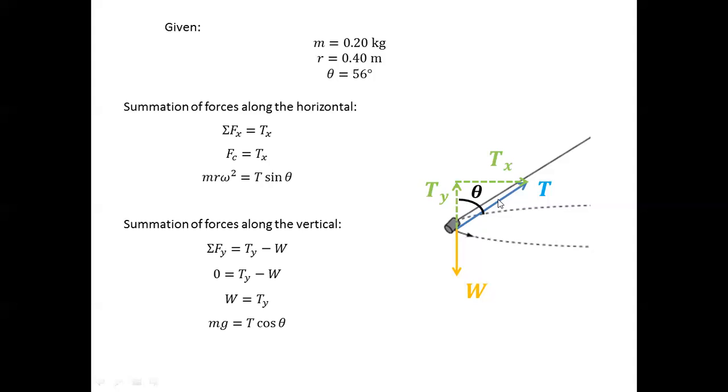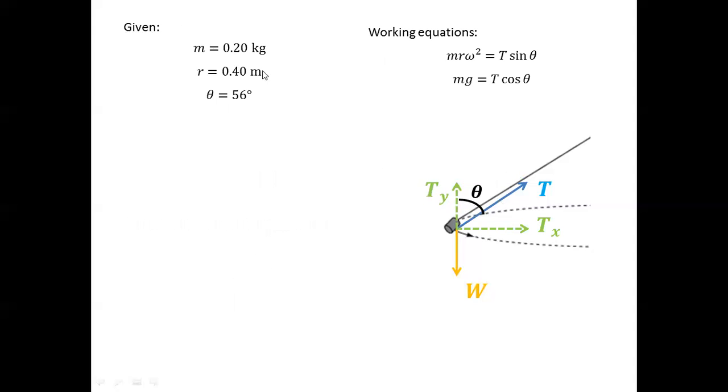Okay, so we now have our given and our working equations over here. Let's start solving. First thing to solve will be the tension. Looking at our working equations, we'll choose which equation is better to use in solving tension.